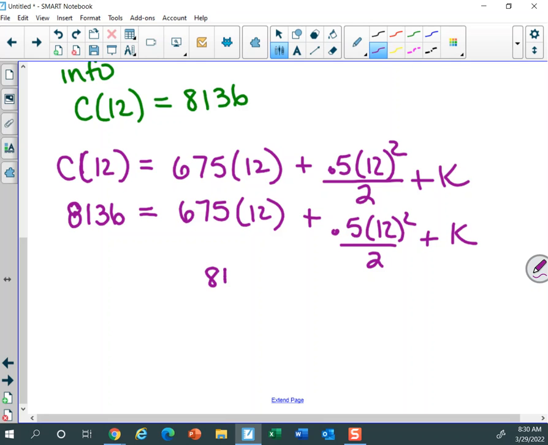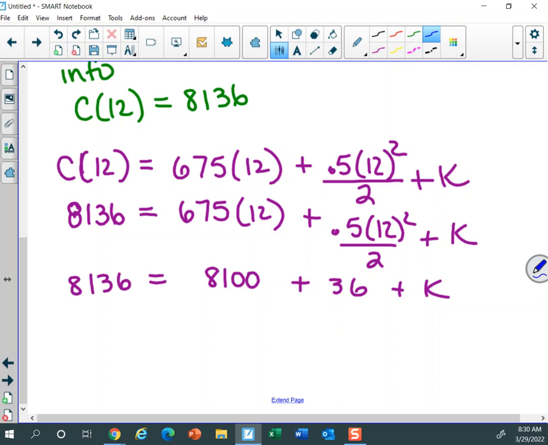This is 8100. 12 squared times 0.5 divided by 2 happens to be 36. And yeah, I didn't mean to do this. I forgot I had to fix it because I was trying to tweak this. But in this case, it's fine.